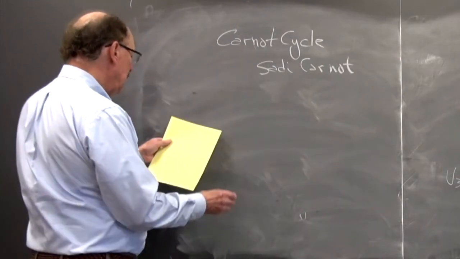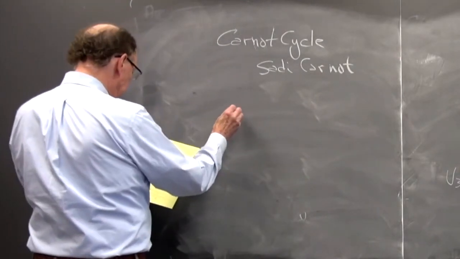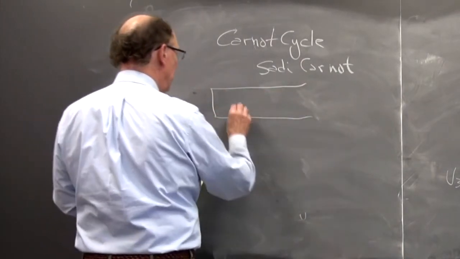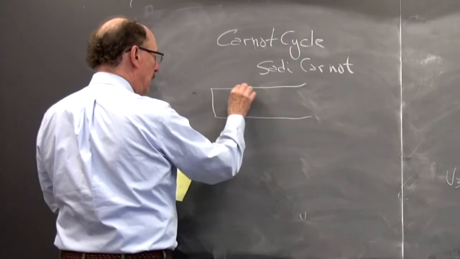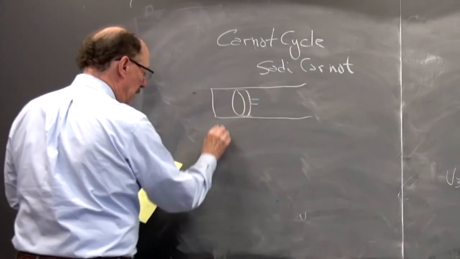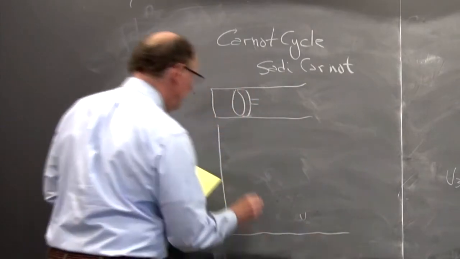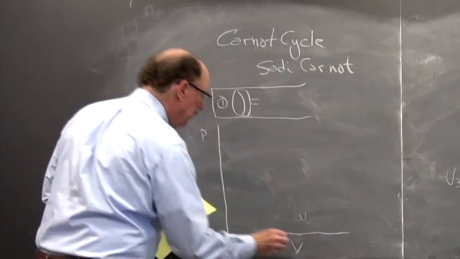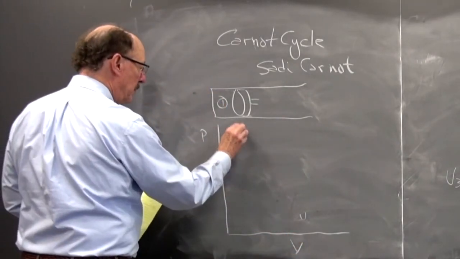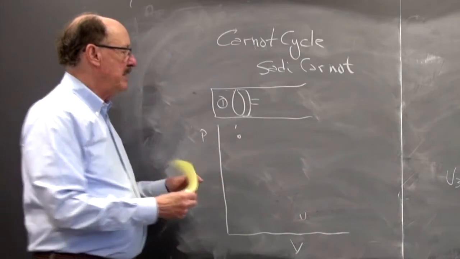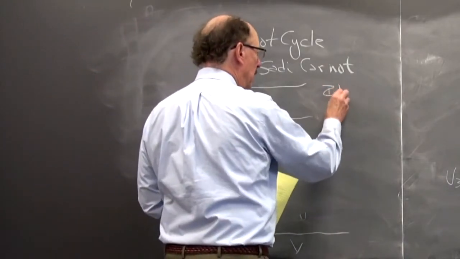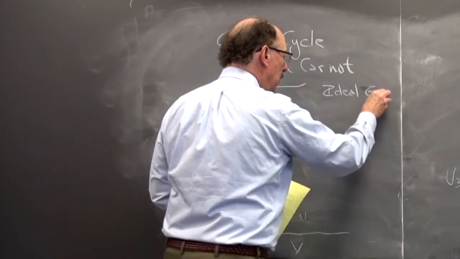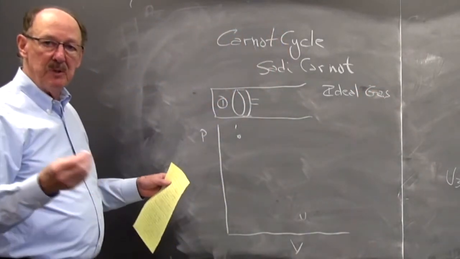If I look at that cycle, and I take a piston cylinder, I'm going to look at a PV diagram. I'm going to start here at state 1, and I'll use an ideal gas, so we know the equations for it.